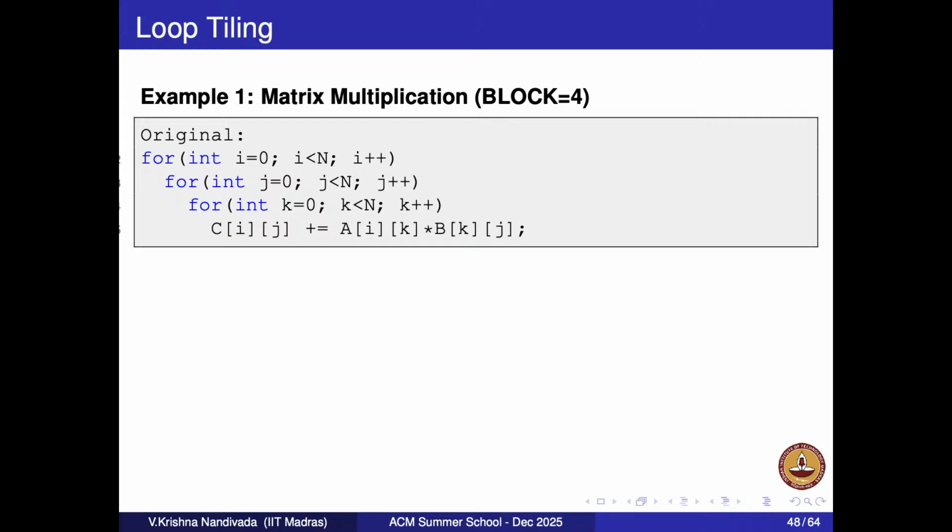Each one will be, because by the time I come back doing over all this n, this should be gone out of my cache. So for the next row, these will not be able to reuse this.